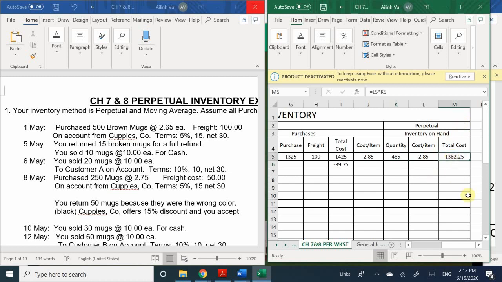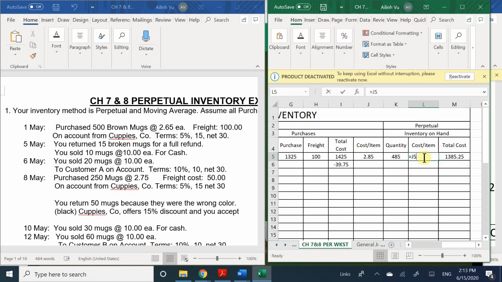And then I'm going to take my 1425 and add my negative 39.75, and now I should get 1385.25.